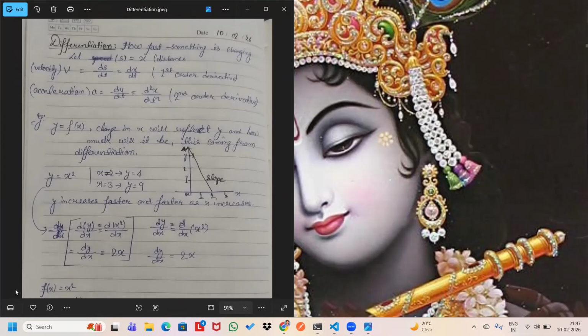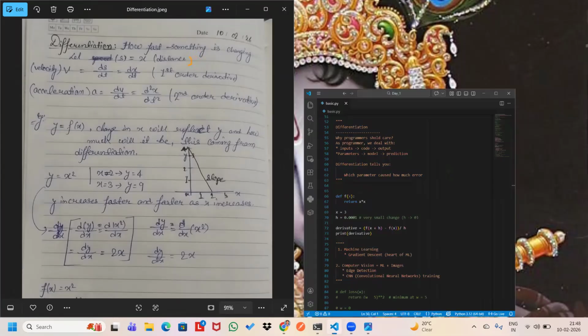Instead of doing this, I can simply write it in the VS Code. Okay, let's go to the VS Code, and here I can write it.